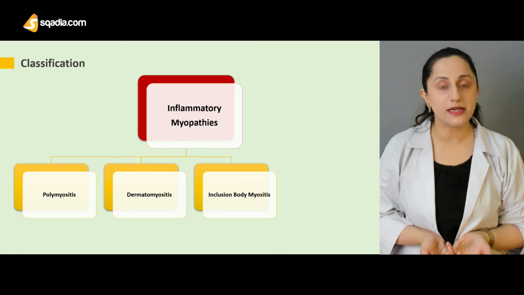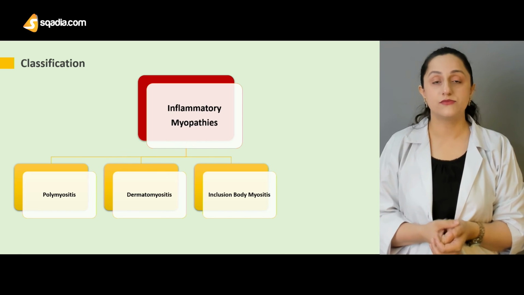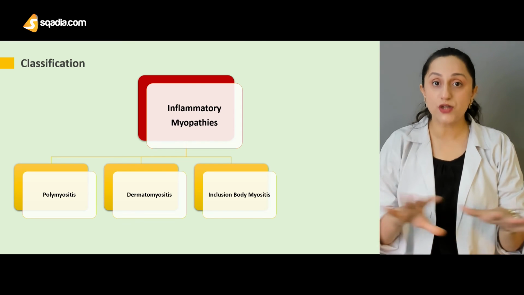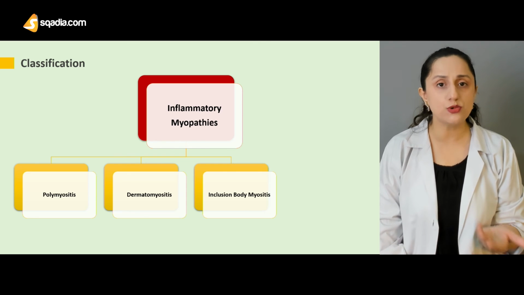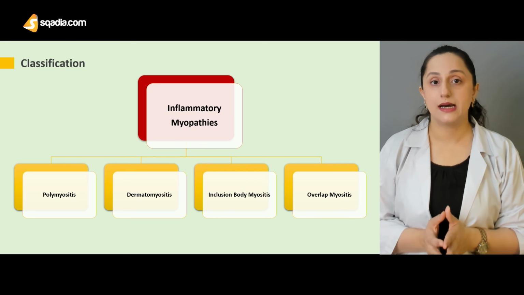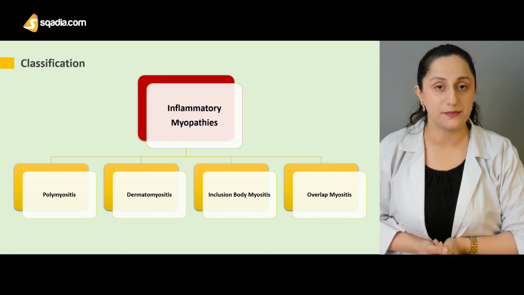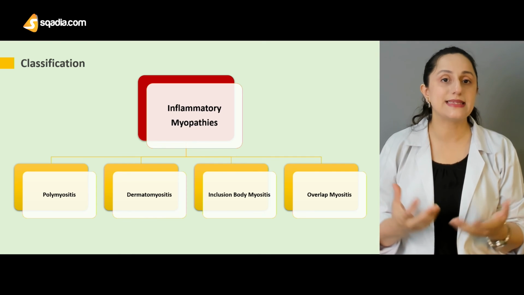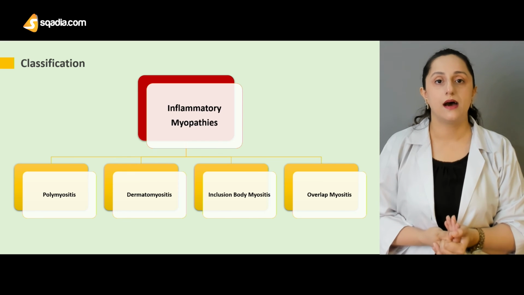Even patients with dermatomyositis may, with the passage of time, suffer only from polymyalgias, as their dermatological manifestations fade off, and we might say that the patient is now suffering from polymyositis. So it's usually an overlapping picture, and that is why we sometimes use the terminology of overlap myositis in patients. Even the treatments are sometimes quite similar. Usually, the set of drugs or medications that we prescribe to these patients are quite similar.